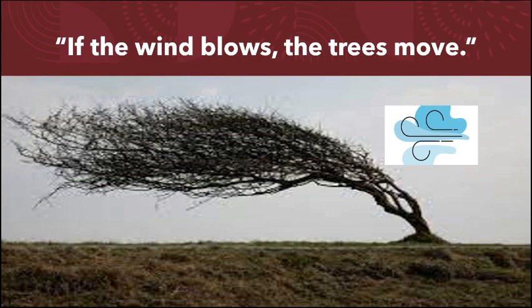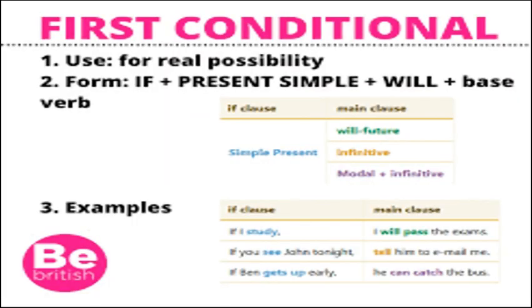Now we know what the zero conditional is. Let's get into the first conditional. What is the first conditional? Well, the first conditional is a real conditional, just like the zero conditional. But the first conditional uses the present tense in the if clause and the future tense in the results clause.